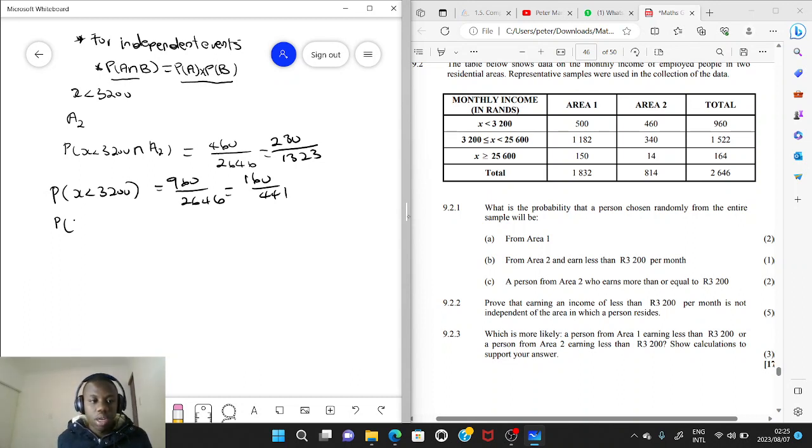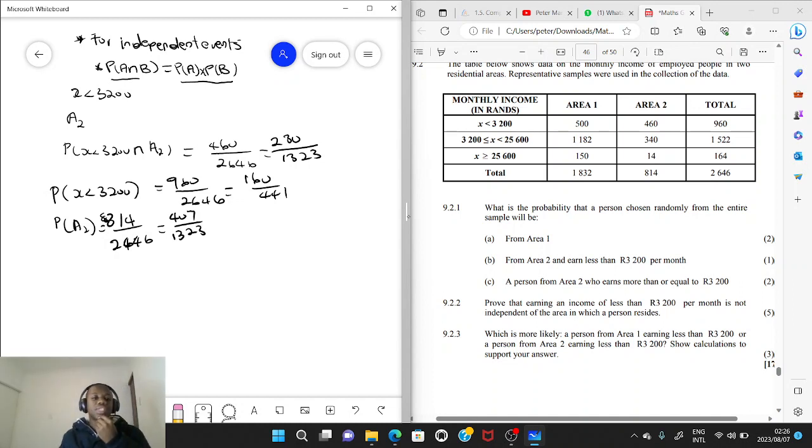So 814 all over 2646. What is 814? Okay, we have 814 over 2646, right? So I will have 407 all over 1323, right?